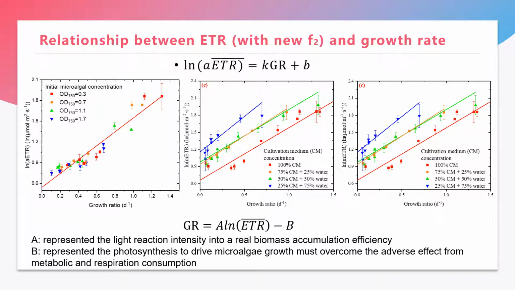In this relationship, the slope represented the converting ability of the light reaction intensity into a real biomass accumulation efficiency. And the slope is always greater than 0. So it represented that for photosynthesis to drive microalgae growth, it must overcome the adverse effect from metabolic and respiration consumption.